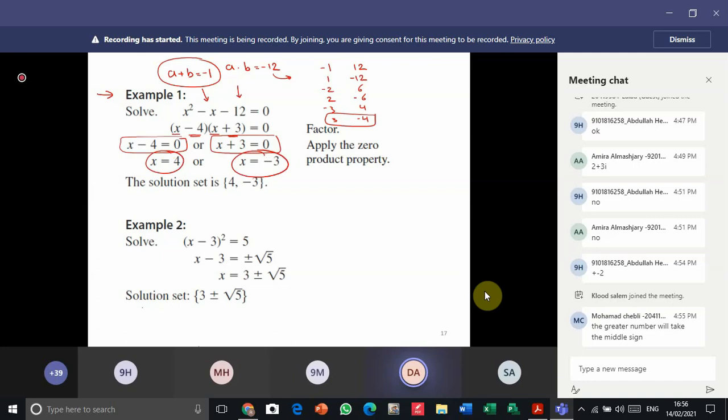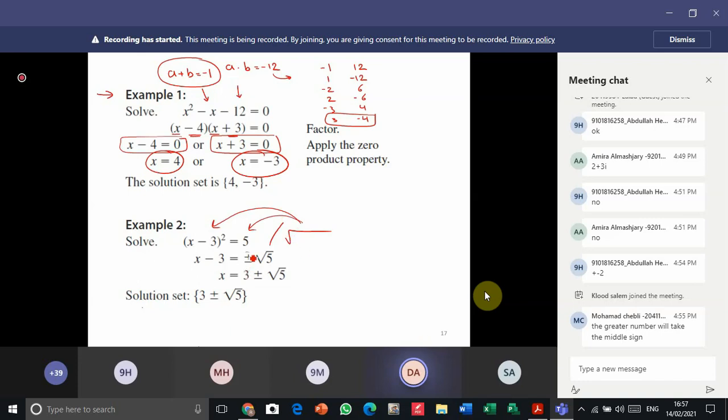The second example, look at this example. Here, if we have a number on one side and a square on the other side, take the radical directly. So we need to take the radical of the square and the radical of the 5. If we take the radical of the square, we remove the square with the radical, so we have x minus 3.